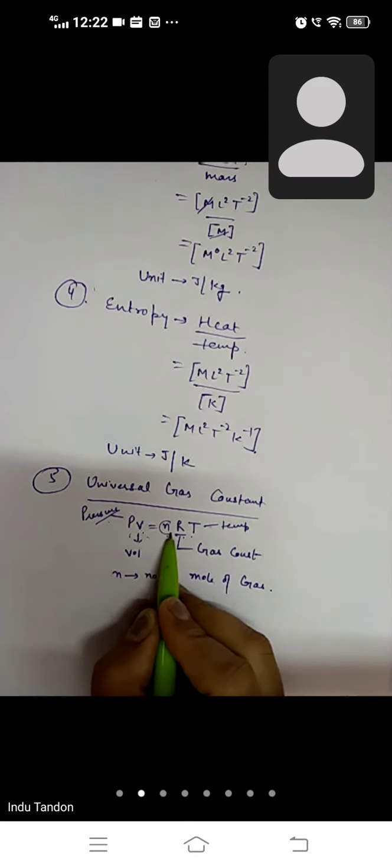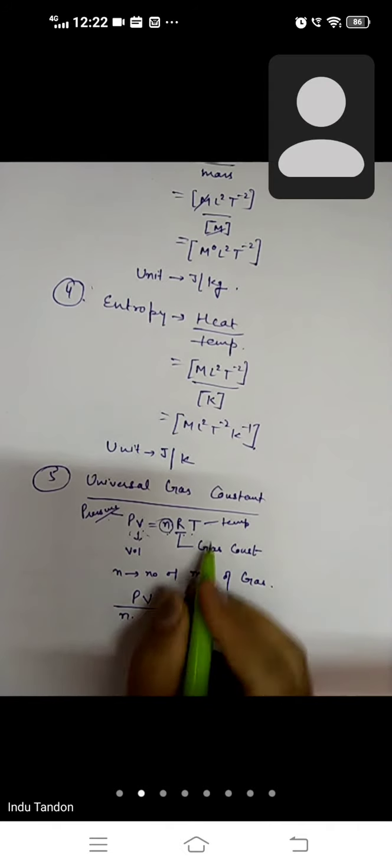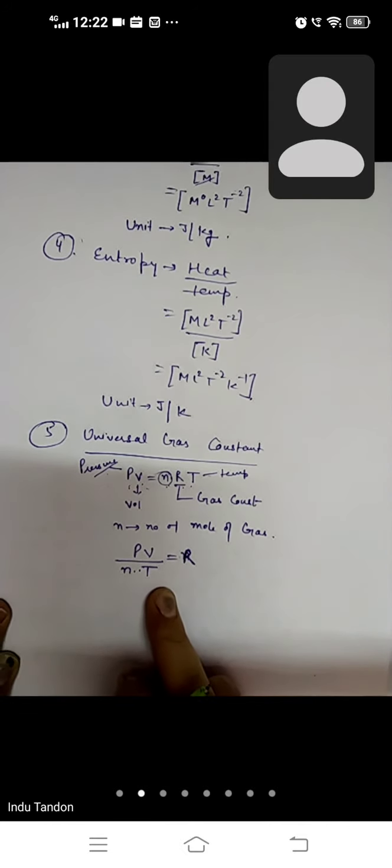So how can you calculate its dimension? We have to find out R. R equals PV divided by nT.